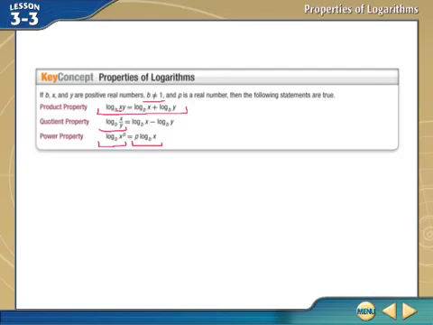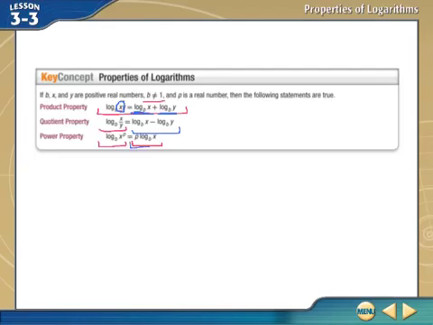So, for instance, if I had two logarithms with the same base, so if I had log base b of x and log base b of y, I can combine those two logarithms by multiplying x and y. Same thing said here. When I have the difference of two logarithms, as long as they have the same base, they can be combined as log base b of x divided by y.